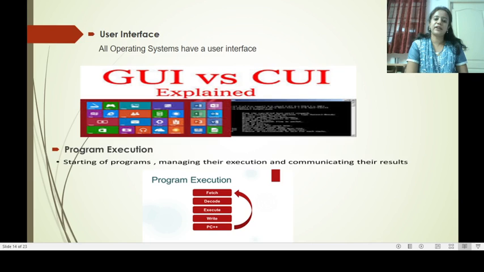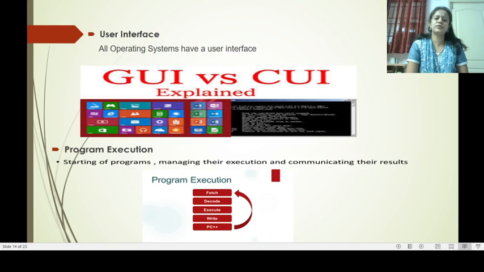Character user interface is basically seen in the earlier operating systems such as a disk operating system, or even in our command prompt in the Windows, terminal in the Ubuntu.